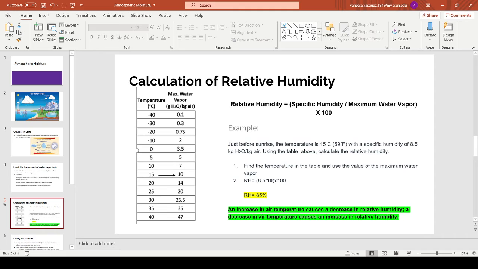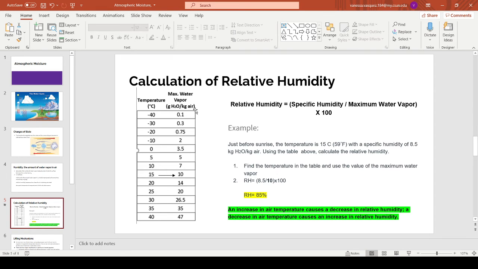So a warmer air mass can hold a large amount of water vapor content, whereas a cooler air mass can hold a small amount of water vapor content. And we can see that here in our chart. On the left side of our table, we have the temperature in degrees Celsius, and on the right side of the table, we have maximum water vapor content, grams of water vapor per kilogram of air.